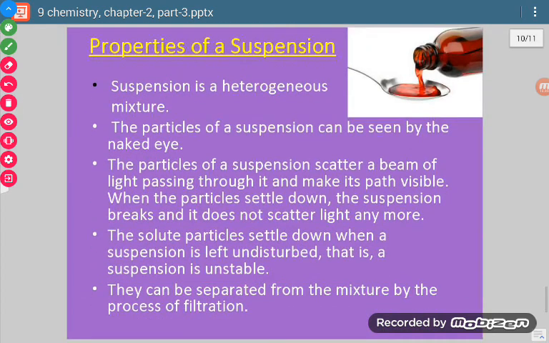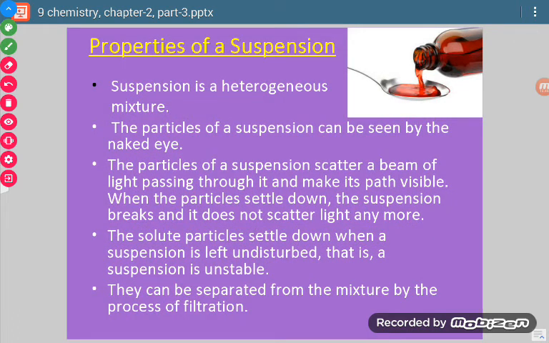Now let us discuss the properties of a suspension. In this diagram you can see a suspension. In most cases, if we take a suspension as medicine, on such bottles it is written shake well before use. What does it mean?